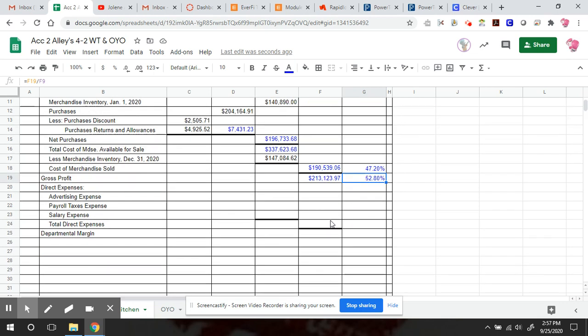Okay, so next we have direct expenses. The direct expenses are just to take care of the kitchen department. That's all this is talking about. First of all, we have advertising expenses, and this is in the trial balance: $11,900.